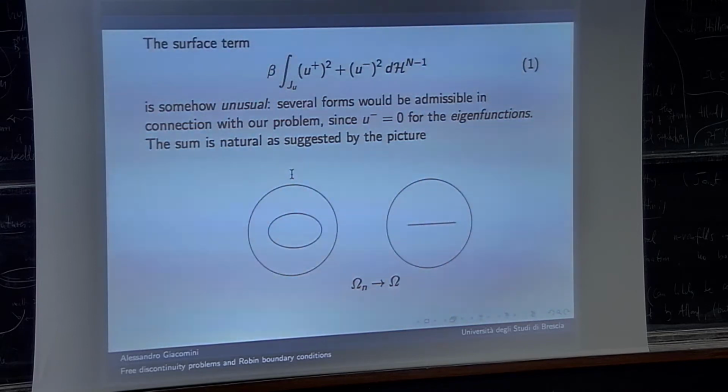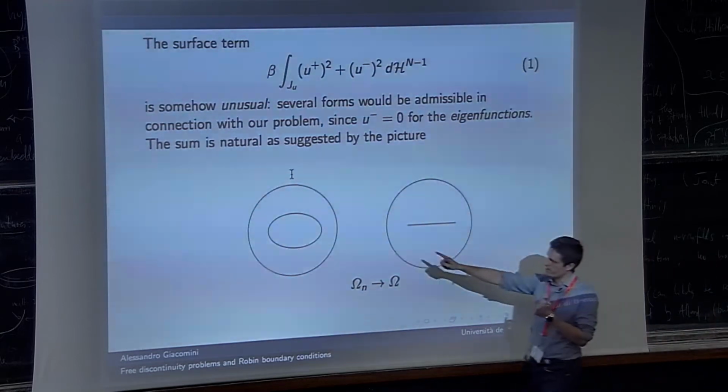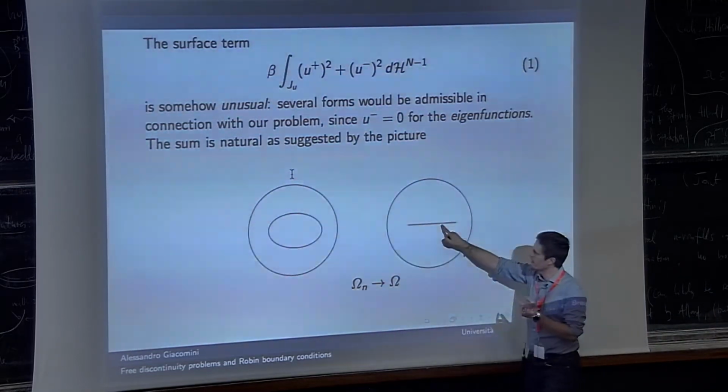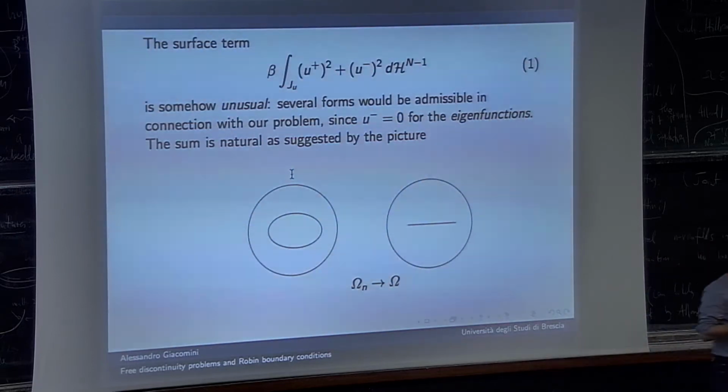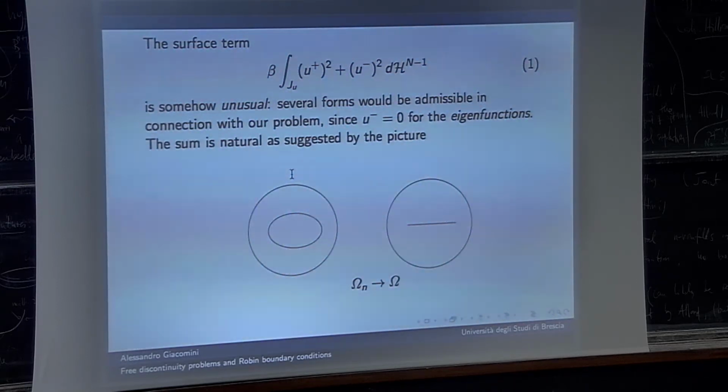So in principle, they can be different. And moreover, the contributions of the two lips of the hole precisely contribute in the limit by the sum. Because we have the contribution from above, which gives u plus square, and the contribution from below, which gives u minus square, but with the sum, not with the difference. So this is the main motivation for this unusual surface term in the free discontinuity functional.